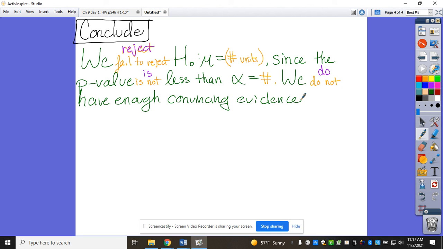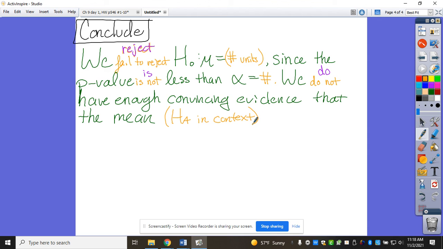Have enough convincing evidence that the mean, whatever your alternative is in context. We do or do not have enough convincing evidence of the mean.